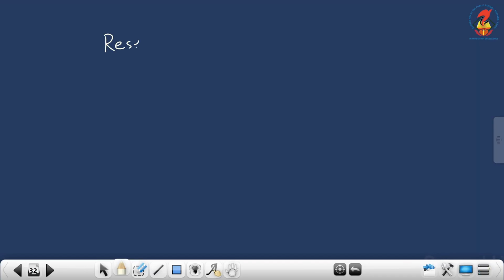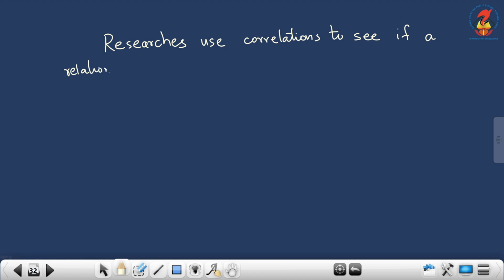In the correlational method, researchers use correlations to see if a relationship between two or more variables exists.